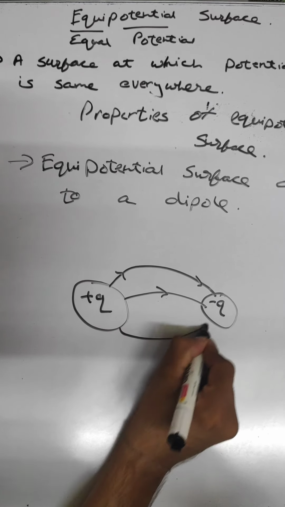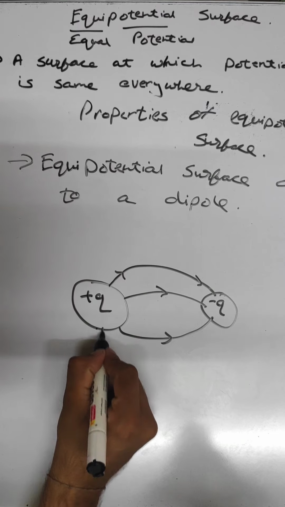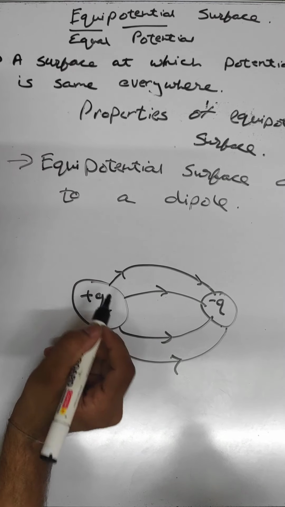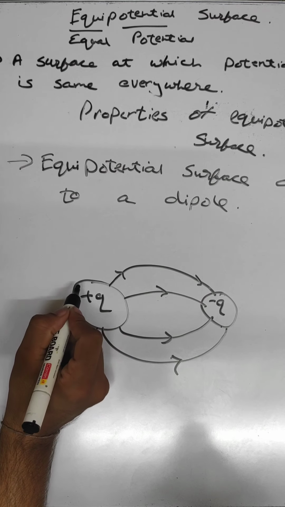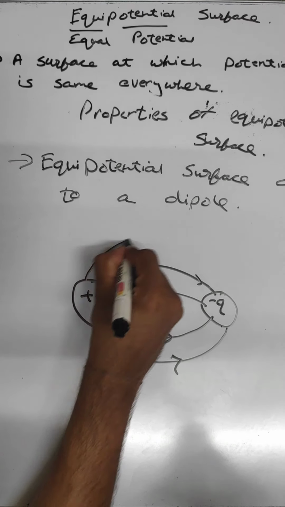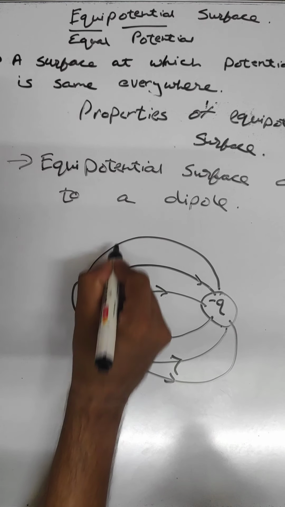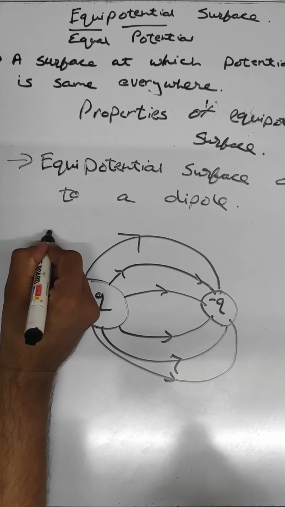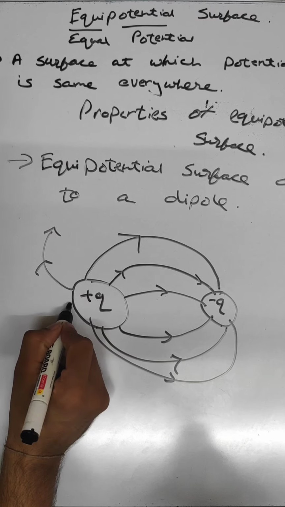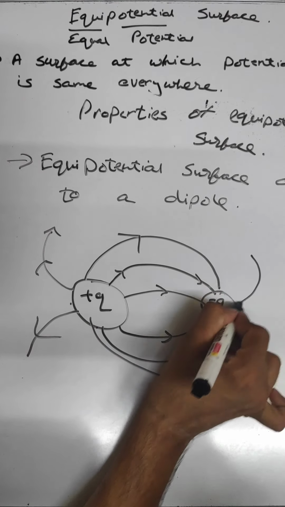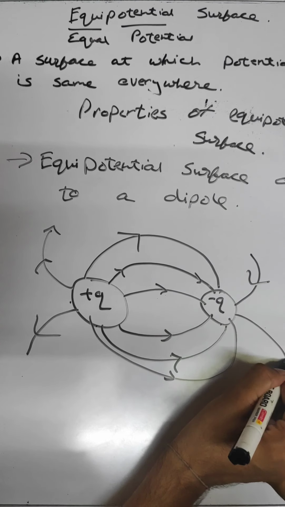Similarly this way, this will be the direction. From positive charge, it will always come outside. Here it will go inside as it is a negative charge.